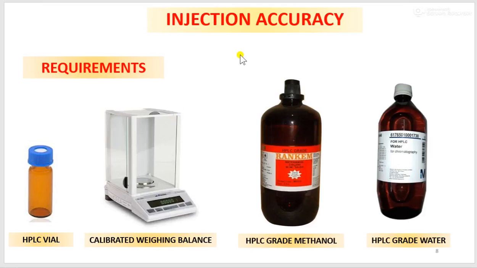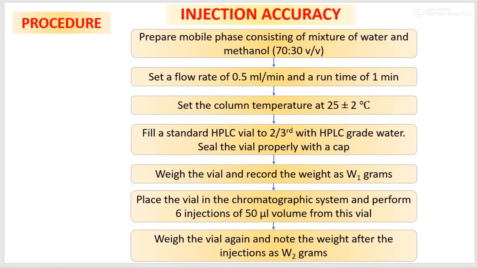Next is injection accuracy. To perform injection accuracy, you require HPLC vial, calibrated weighing balance, HPLC grade methanol and HPLC grade water. So first you have to prepare mobile phase. It is a mixture of water and methanol in the ratio of 70:30.